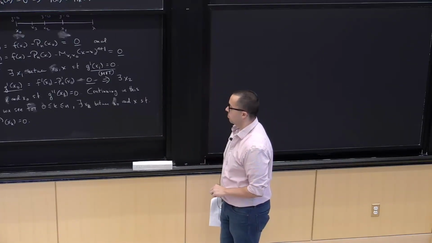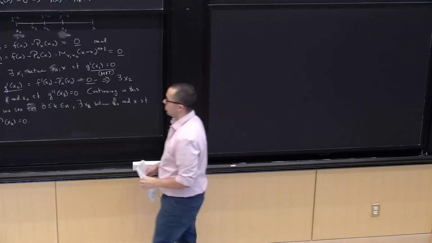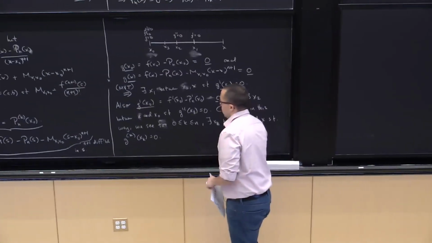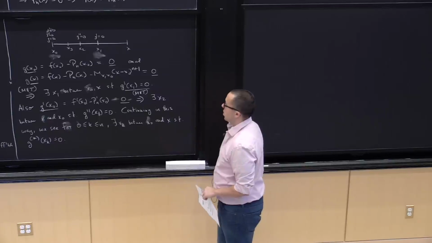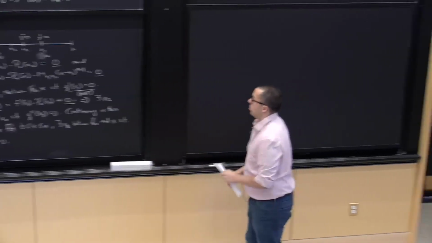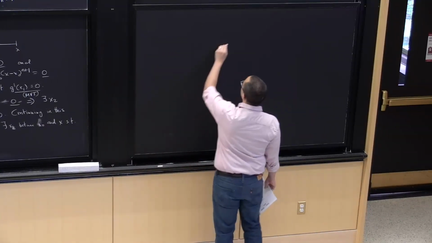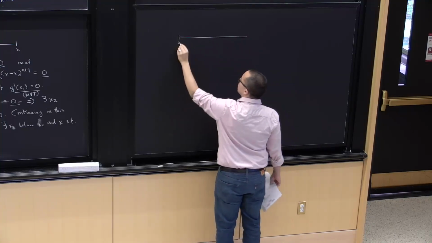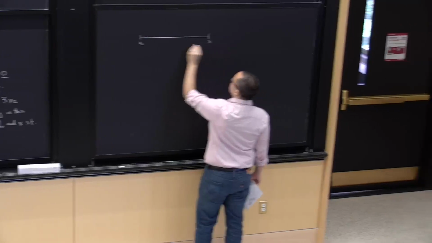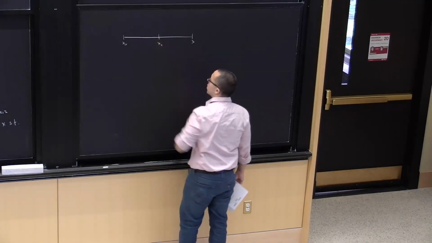Okay? So in particular at the k equals n stage, what do I have? x0, x, and there's x sub n.